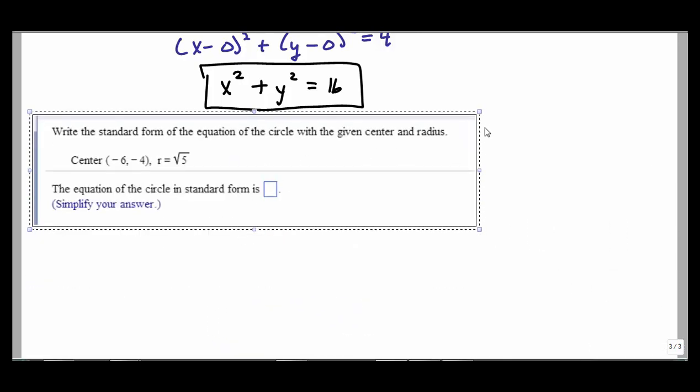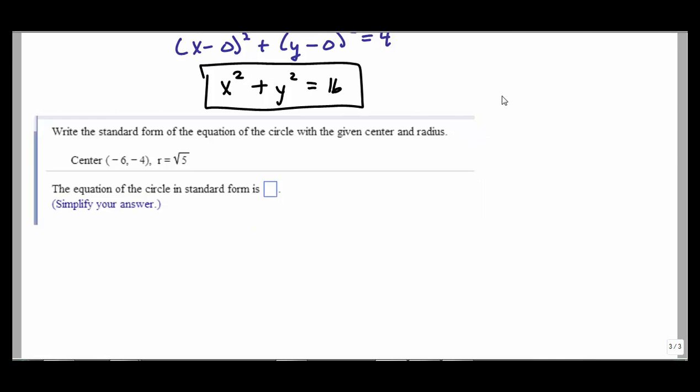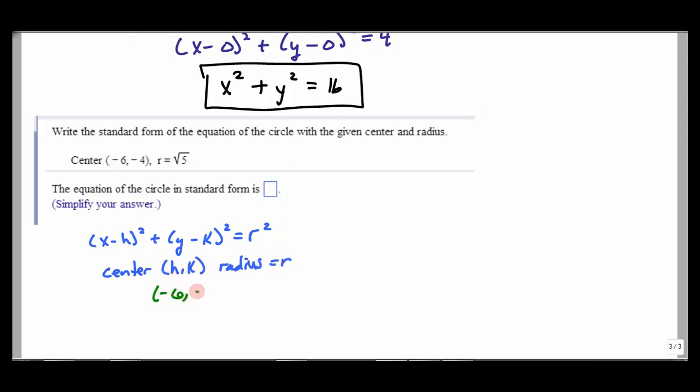To start with, as usual, I want to write down the general equation of my circle: x minus h quantity squared plus y minus k quantity squared equals r squared. Our center here is (h, k), and our radius equals r. Our center is (-6, -4), and our radius is the square root of 5.